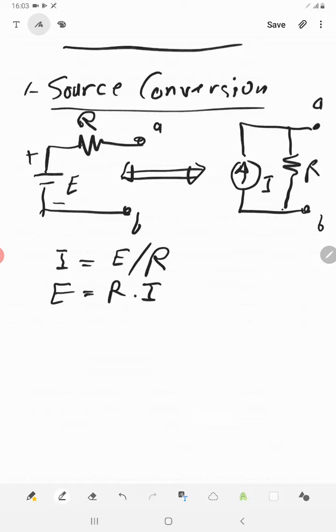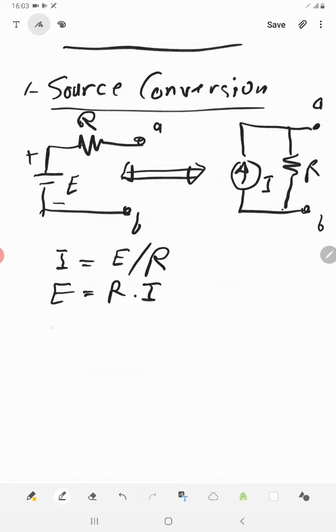If we have a current source in parallel with a resistor, we can convert it to a voltage source in series with R, and the value of the voltage source is R times I.